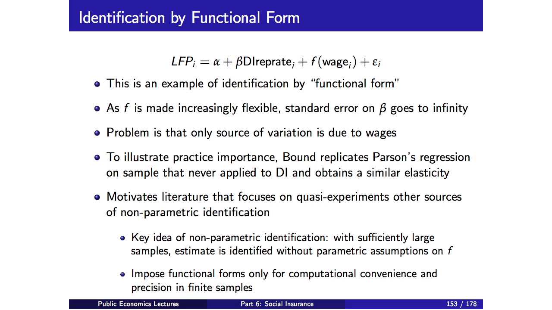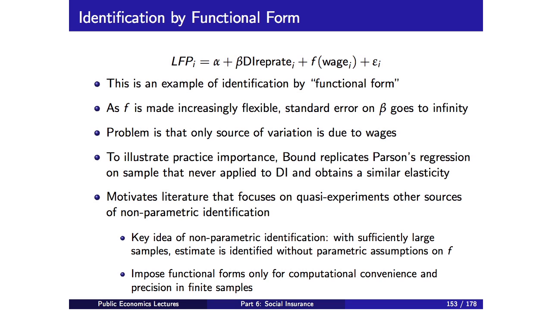So think about the logic of the Parsons specification. The way he would implement it is, say, control linearly or with a quadratic function for the wage rate, right? So that exercise is what we call identification by functional form. Why is that? Because as I make f here more flexible, so suppose I make f a cubic, a quartic, so eventually I make it a non-parametric function, right?